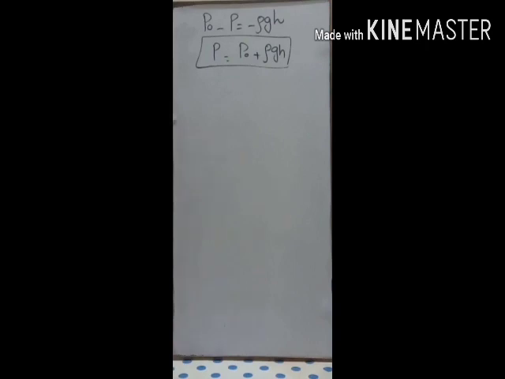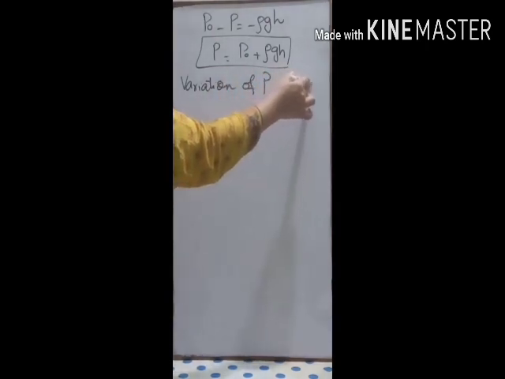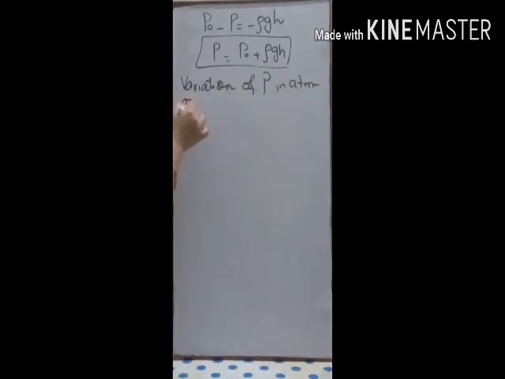Now, for the variation of pressure in the atmosphere, we can calculate using Boyle's law.